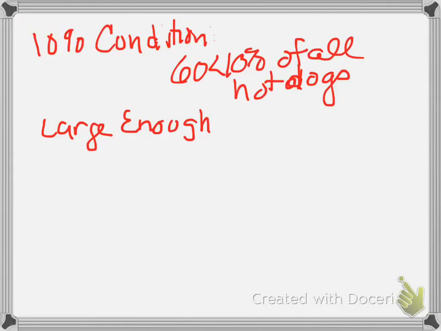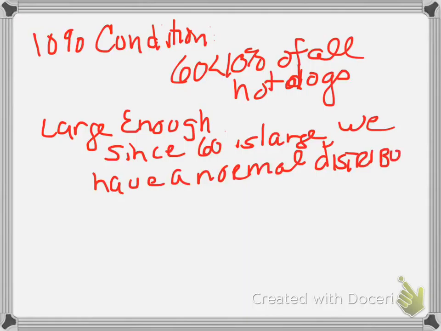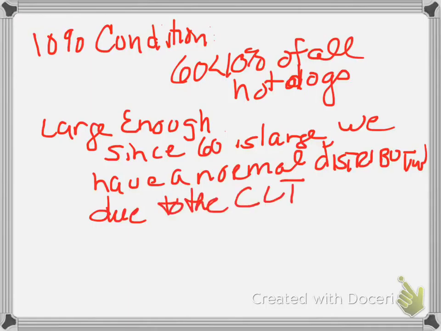Now, remember, because of the CLT, the central limit theorem, if n is greater than 30, no matter how I take my samples, I will always get a normal distribution. So I'm going to say, and 60 is my n, so since 60 is large, we have a normal distribution due to the CLT, central limit theorem.